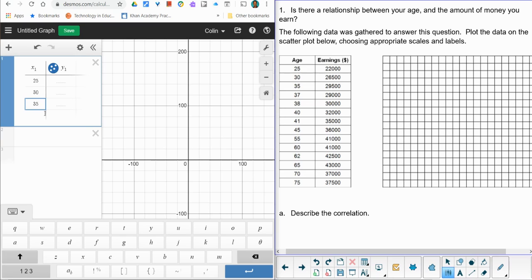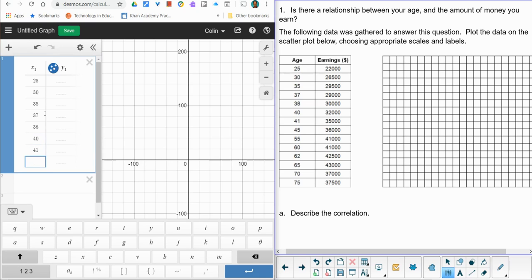You can use Desmos on your phone, on a tablet like I'm using, or on a laptop with an open tab. So we just keep going, 37, 38, 40, 41, 45, 55, 60, 62, 65, 70, and 75.